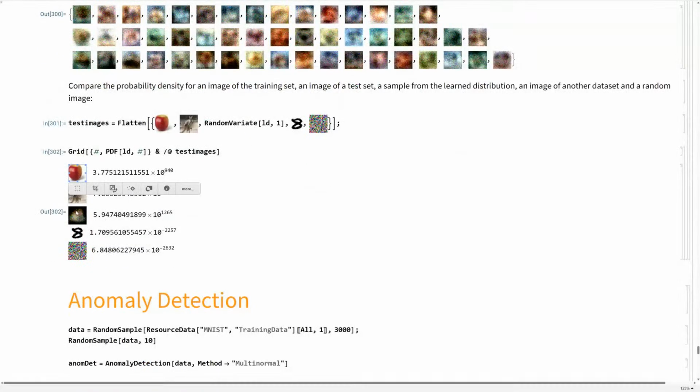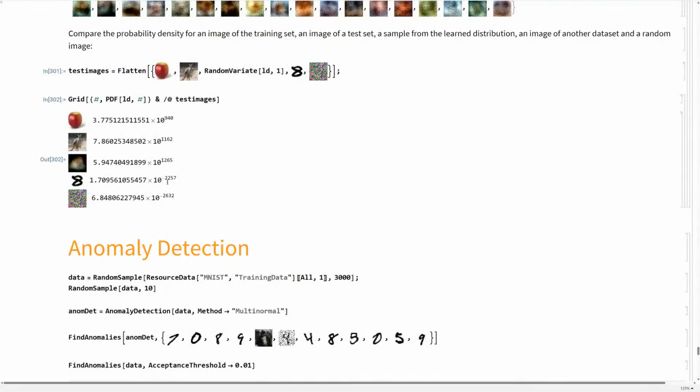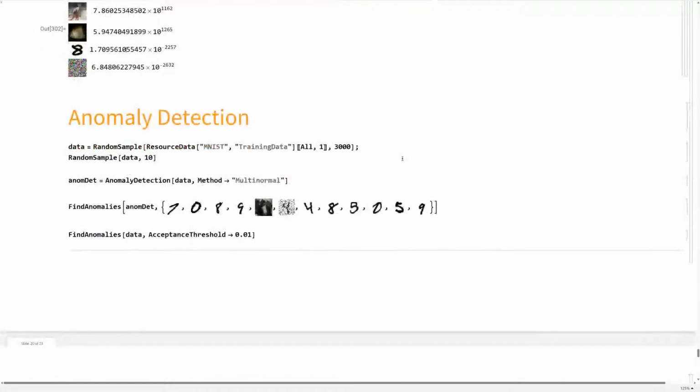So this one is in the data set, this one's in the data set, and this one we just generated from the distribution, of course, will be in the data set. And these two with a huge negative here mean that there is basically 0% chance that they're in the distribution.